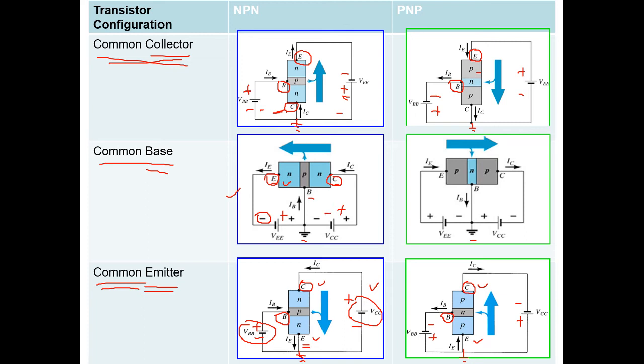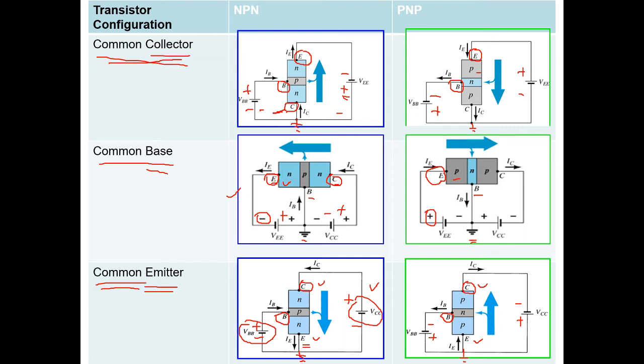And then another one is PNP common base. So you can see your base is connected to ground. Okay, then find your emitter part. This is your emitter. So your emitter here is P-type, so you must connect it to the positive side.